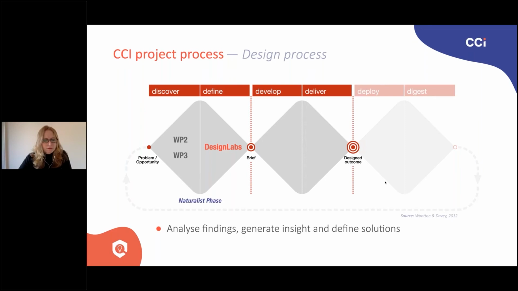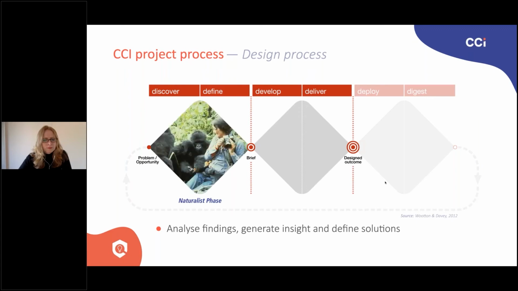This early phase, the discover and define stages, is sometimes referred to as the naturalist phase in human-centered design, because this is where you're acting like Diane Fossey as a naturalist, going in and trying to really look at what's going on the ground. This is not about people telling you what they want you to hear about what they're doing. A lot of the time, this is about observing what's actually happening at the front line, as it were.